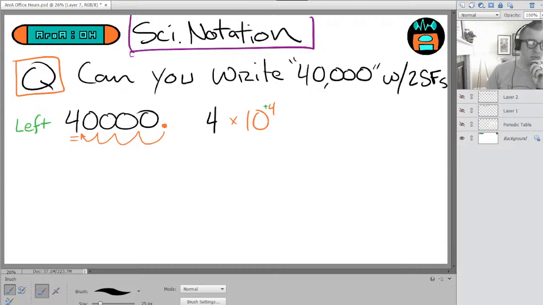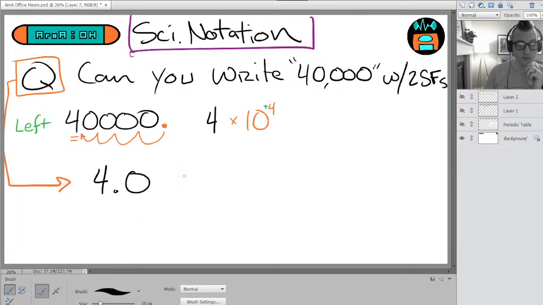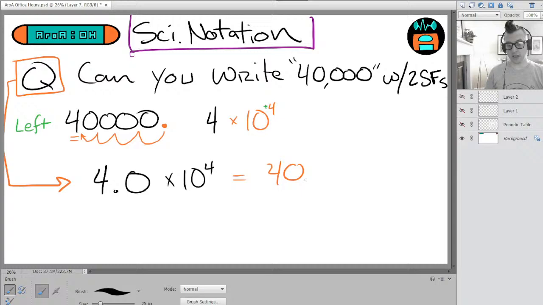But now let's do what the problem is asking, and let's write this with 2 significant figures. The way you do it is you go 4.0 times 10 to the 4th. Notice, if you punch this into your calculator, 4.0 times 10 to the 4th, your calculator will tell you that this is equal to 40,000.